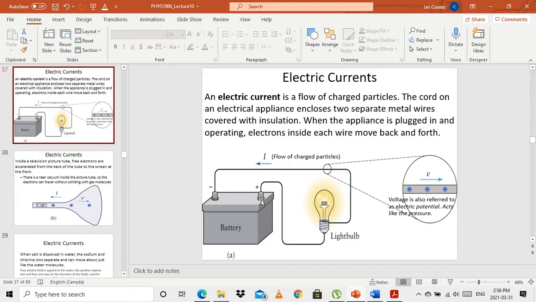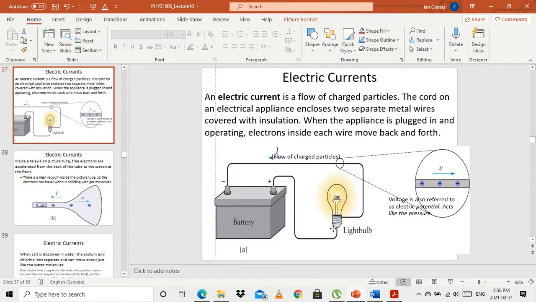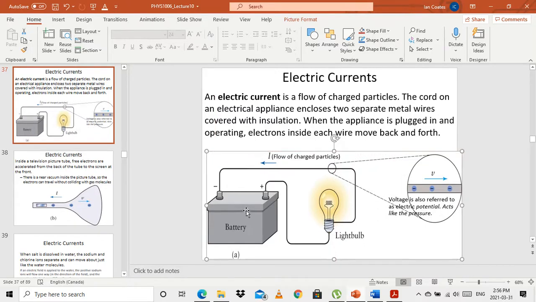However many hundreds of years ago, here's your positive terminal, here's your negative terminal, that's on any battery. They originally thought that it was protons moving, so the flow of current is going this way. But the protons, they no move. Now we know that it's the electrons that are moving, but for some reason, it's still written this way. So just be careful.